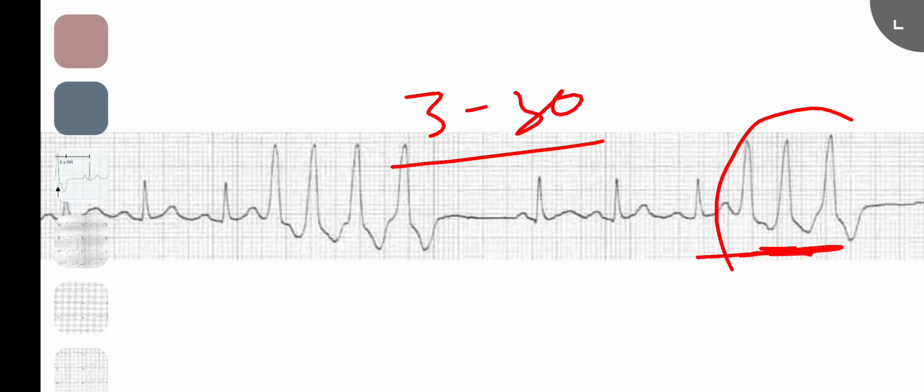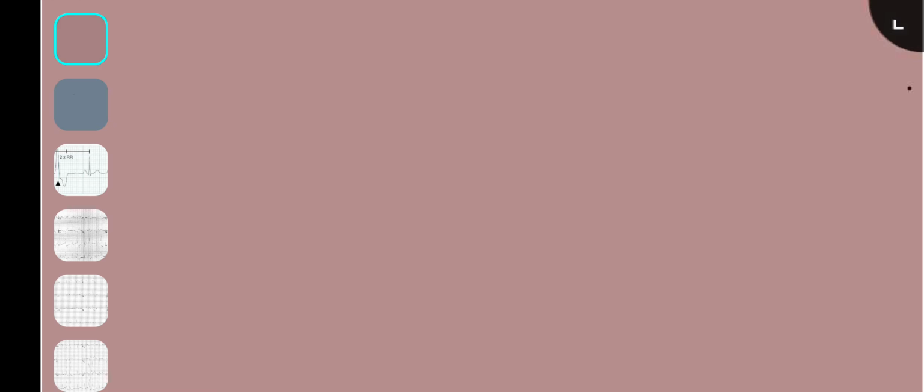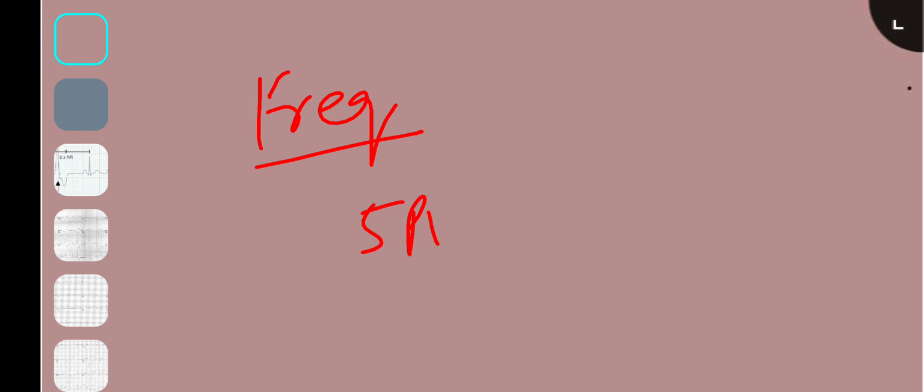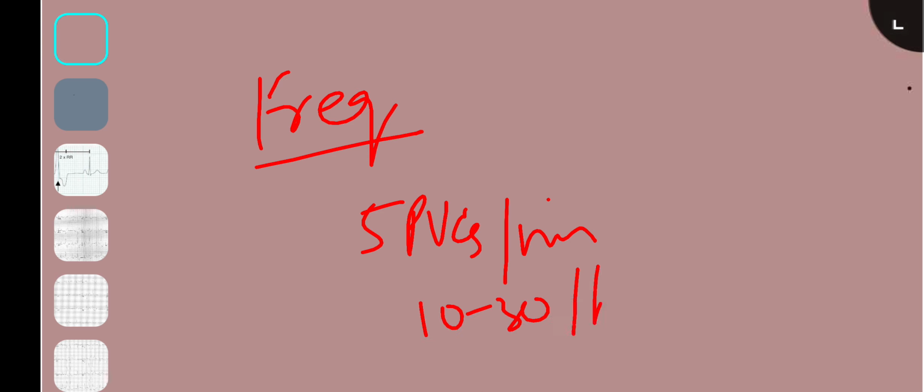Another important thing is when you need to worry about the PVCs. If they are coming in ischemia, particularly, you should be worried about that. Also if triplets are coming. Then there is another thing, what is frequent PVCs. If you have 5 PVCs per minute, or 10 to 30 PVCs per hour, these are called frequent PVCs.